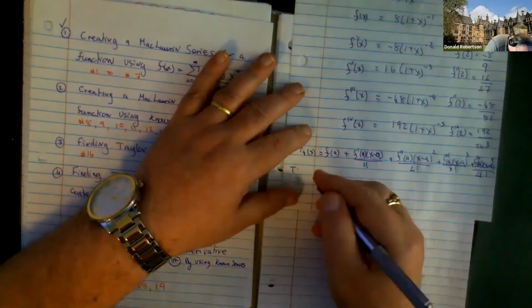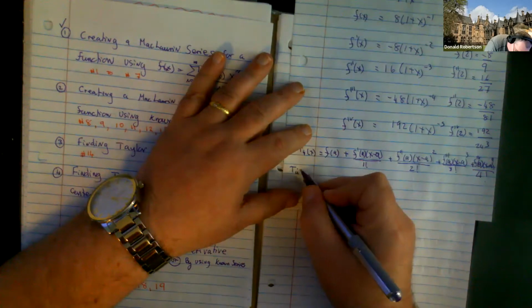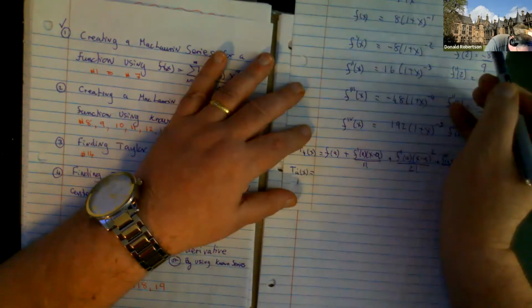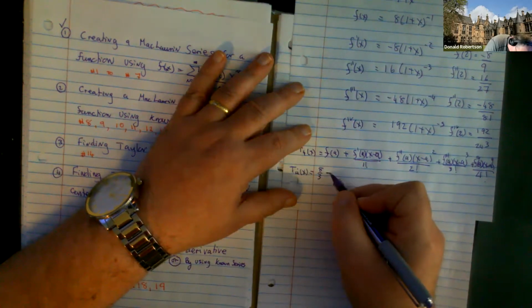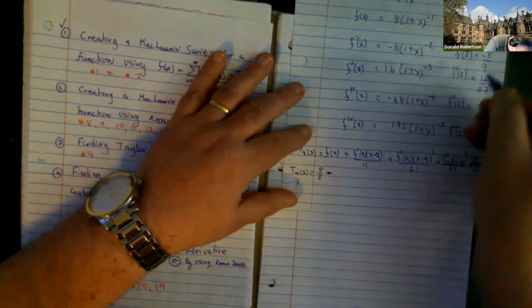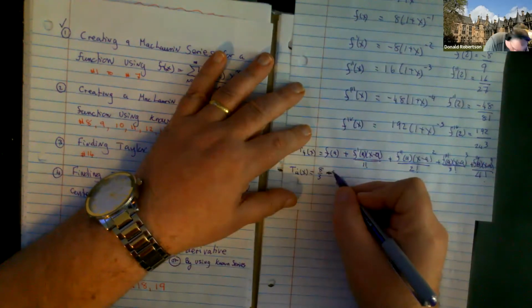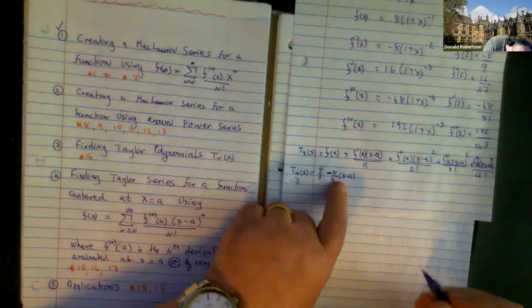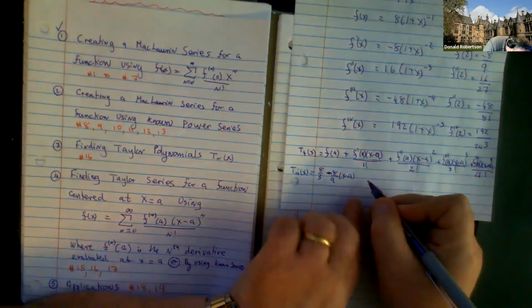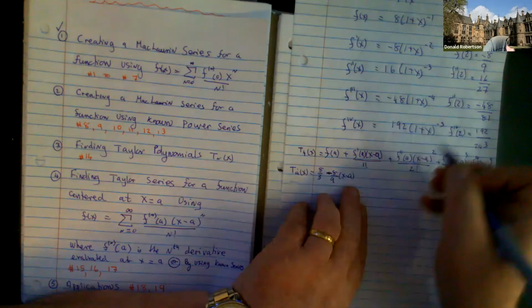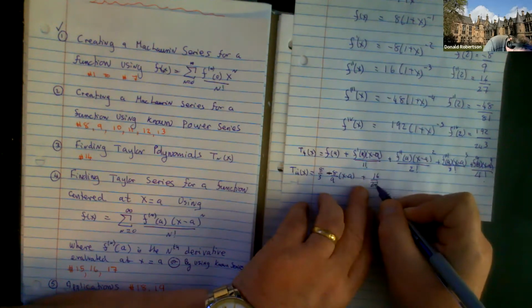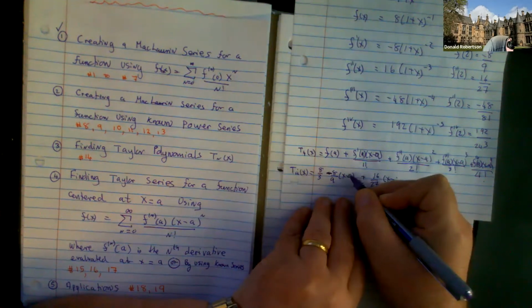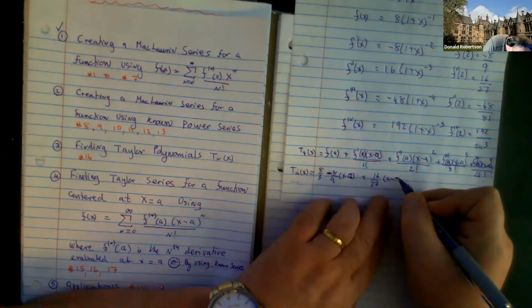T4 of x then is the value of the function, so it's 8/3. Plus, well, it's actually minus because it's a negative, 8/9 times x minus a, because 1 factorial is 1, so it doesn't do anything. The next one is a positive, and it's going to be 16/27 times x minus 2 squared over 2 factorial.